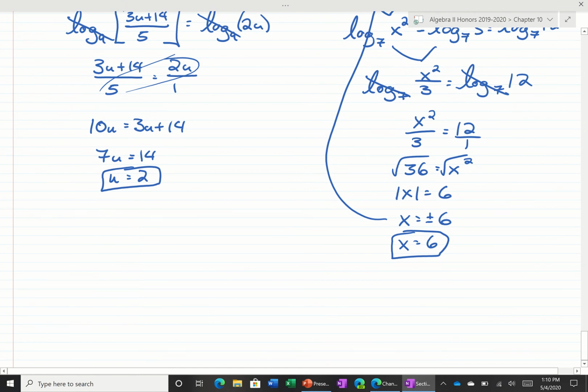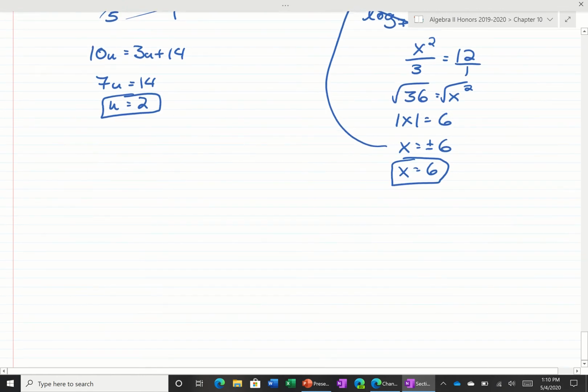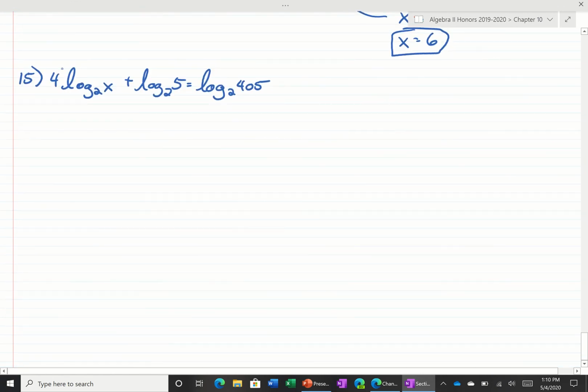Problem number 15. Let's see. It says 4 times the log base 2 of x plus log base 2 of 5 is equal to the log base 2 of 405. So we can't combine these yet because of the 4. So let's get nothing in front of the log here. We can multiply because we see the addition.